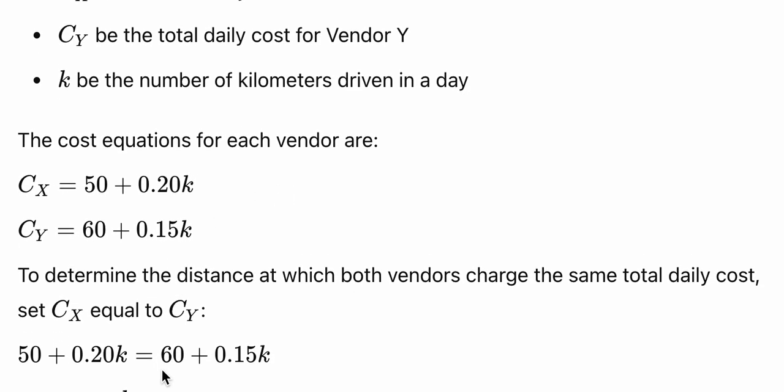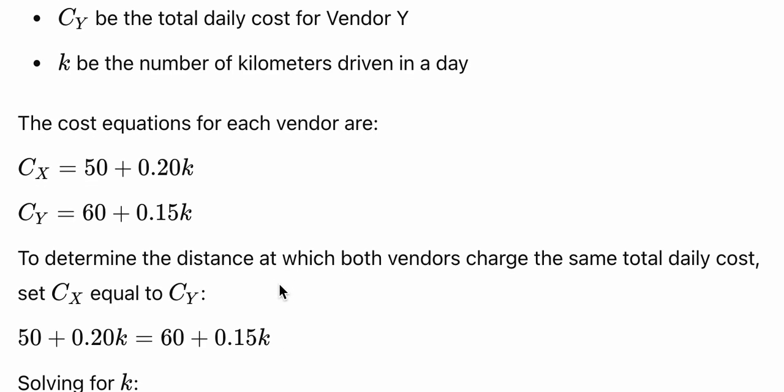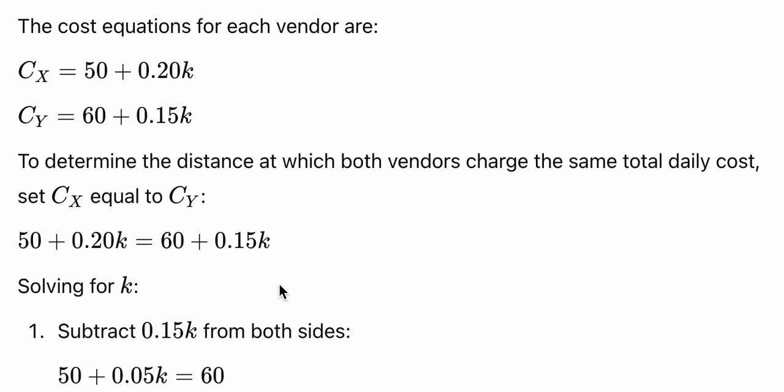So 50 plus 0.2k is equal to 60 plus 0.15k. You all should know how to solve for a variable using your algebraic rules. The 5 golden rules, you can check out again and review how to solve equations.